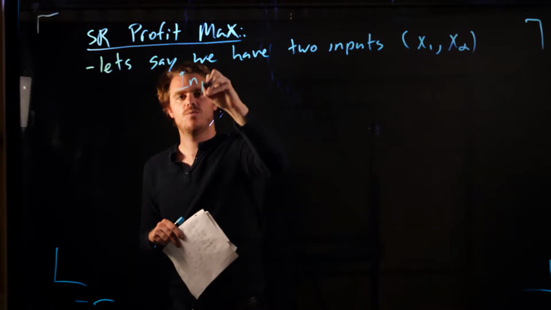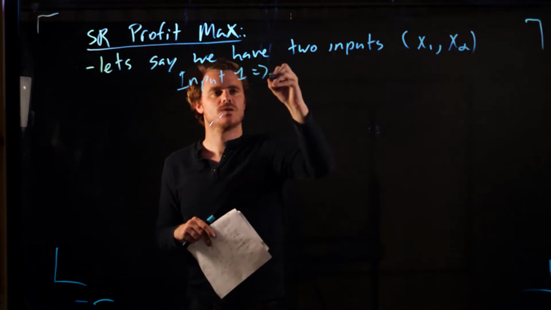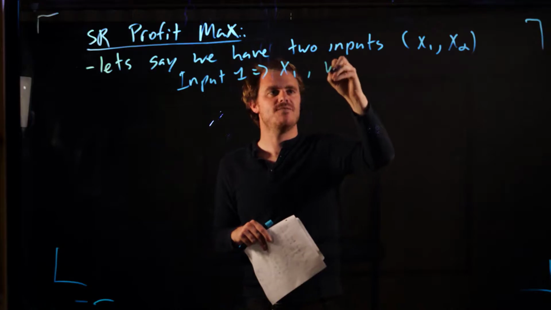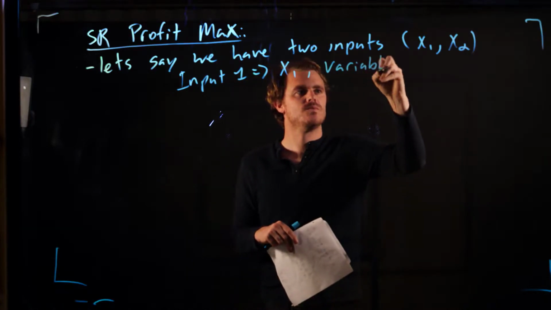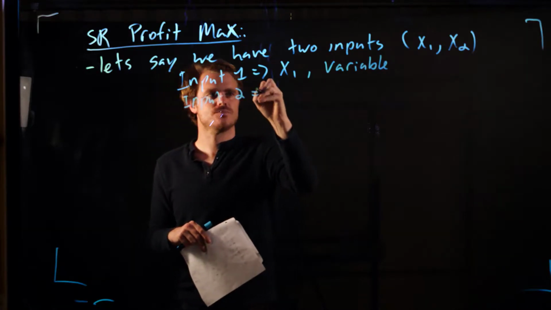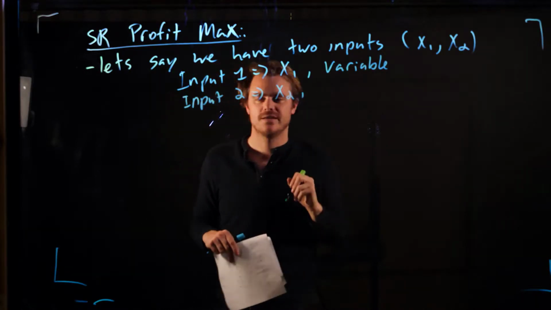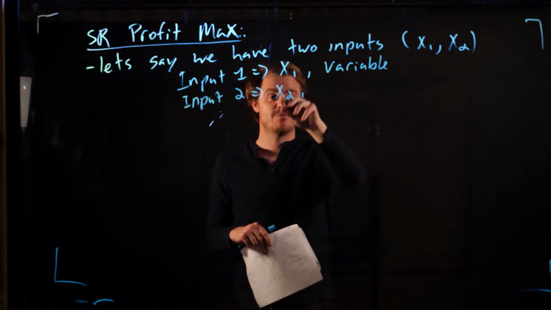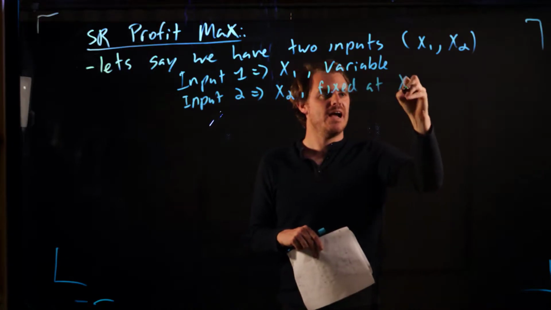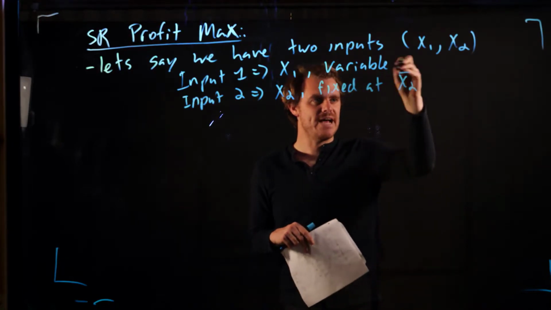Input 1, where the amount of that is x1, is going to be variable. And the amount of input 2 is represented by x2, and we're going to think that this is fixed at some amount. We're going to call that amount x2 bar.